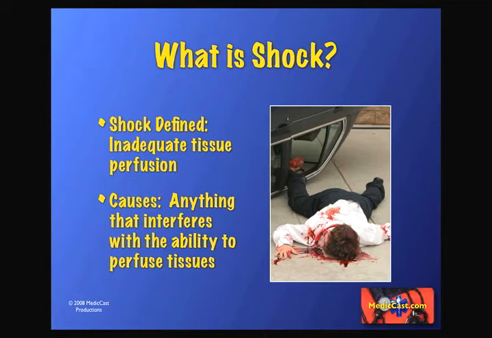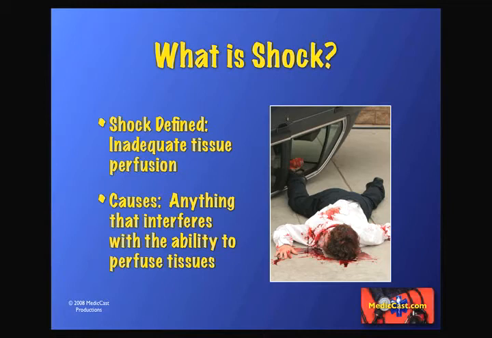Different tissues have different rates of cellular death involving inadequate tissue perfusion. The brain and the kidneys and the heart are three that really need rapid intervention to maintain perfusion when it is interrupted. Anything that causes an interruption in this tissue perfusion and interferes with the ability of the body to maintain homeostasis and perfuse these tissues is something that's going to cause shock.